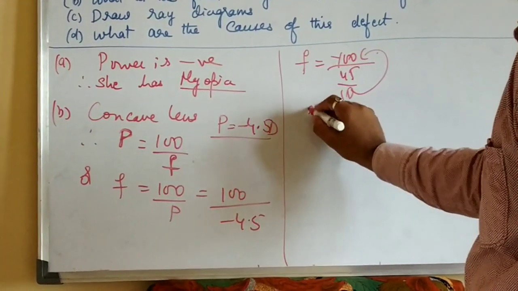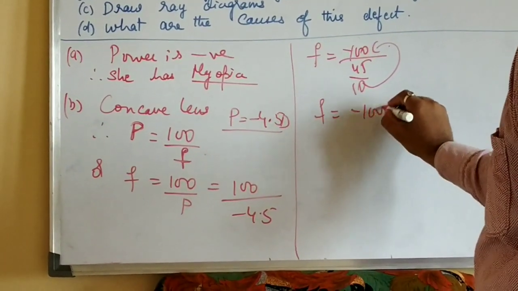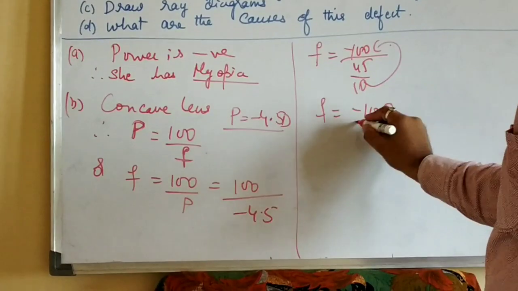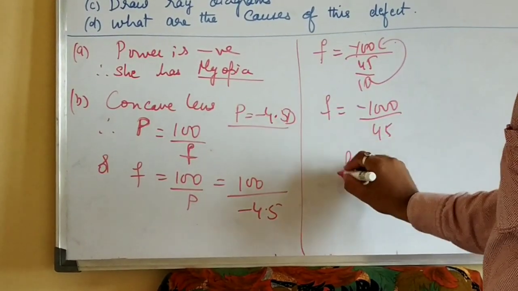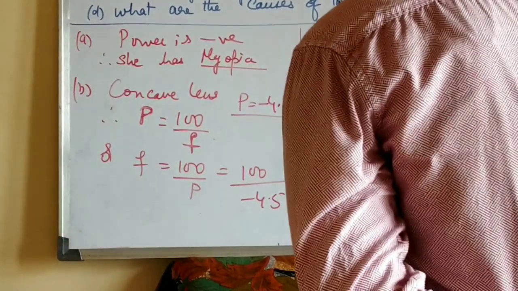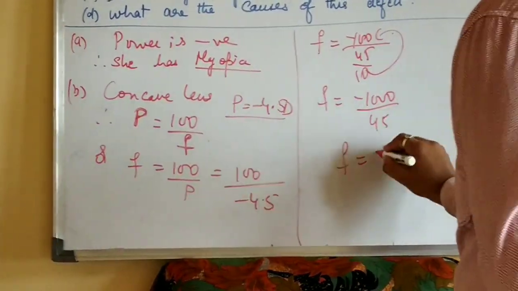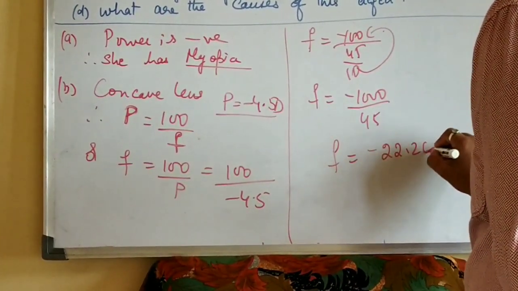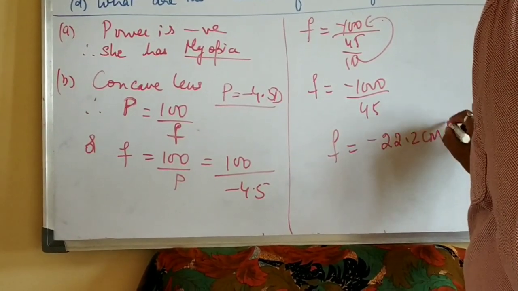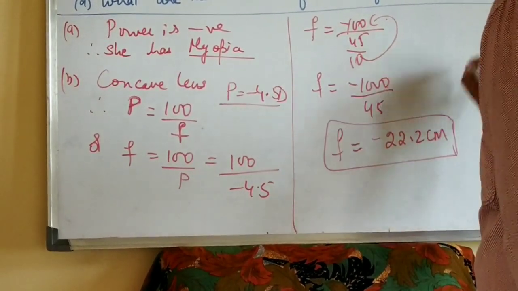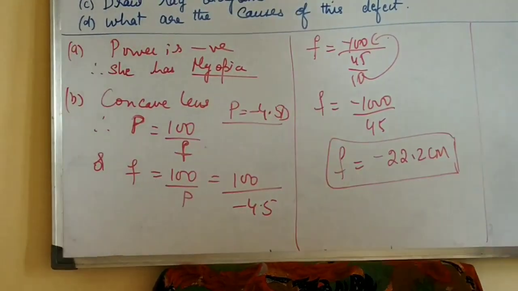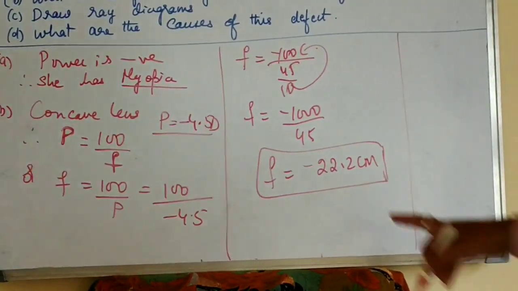Bring this to the numerator. F is equal to 100 into 10, which is 1000, divided by 45. When you simplify, you will get the focal length equal to minus 22.2 centimeter.